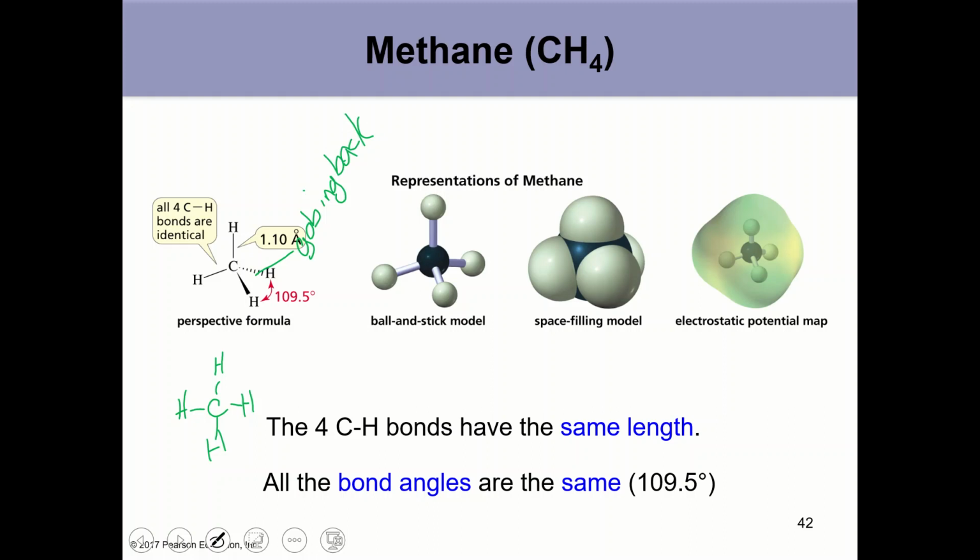So think of it as going back into your computer screen, and a wedge bond is coming out of the computer screen toward you.